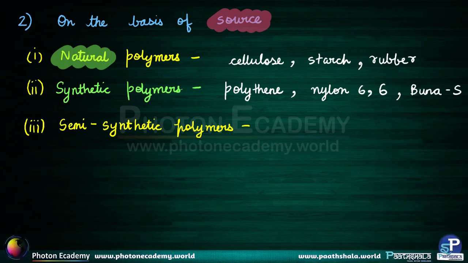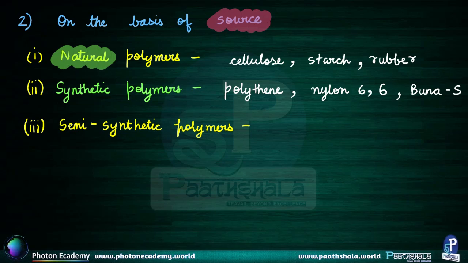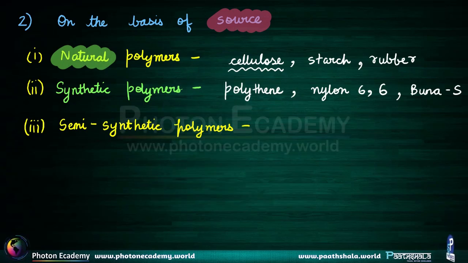So semi-synthetic polymers are such examples that we can have are cellulose derivatives. So cellulose is actually, we have seen it under natural polymers over here. And if man made some addition onto the cellulose, so we call it as semi-synthetic polymers. So cellulose derivatives such as cellulose acetate, which is called rayon, and cellulose nitrate, examples like these are called as semi-synthetic polymers.